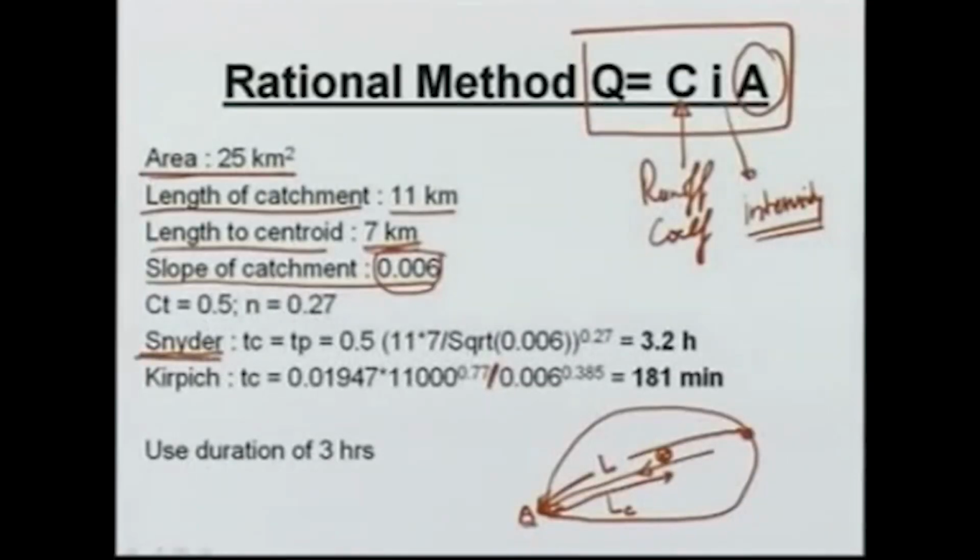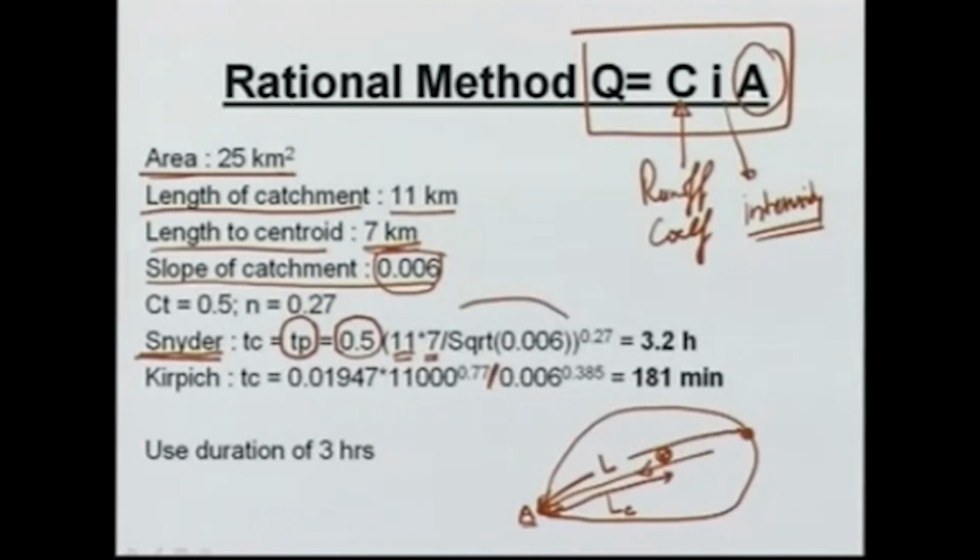The time of concentration can be obtained based on empirical equations. For example, this equation which is similar to Snyder's equation. In the Snyder synthetic hydrograph, we have the time to peak equal to some constant Ct into L and Lc, which are the length of the catchment and the length to centroid.